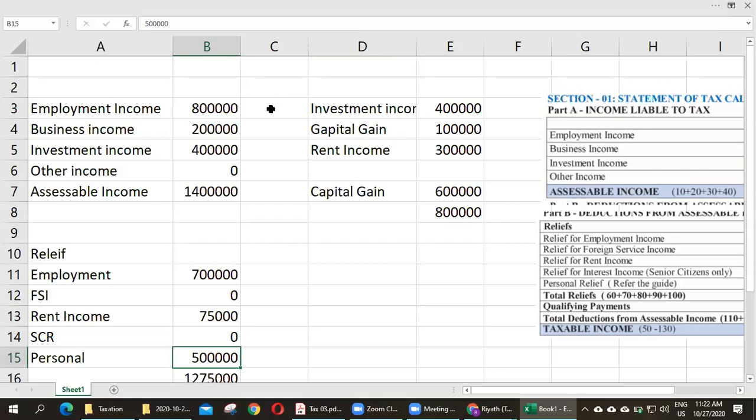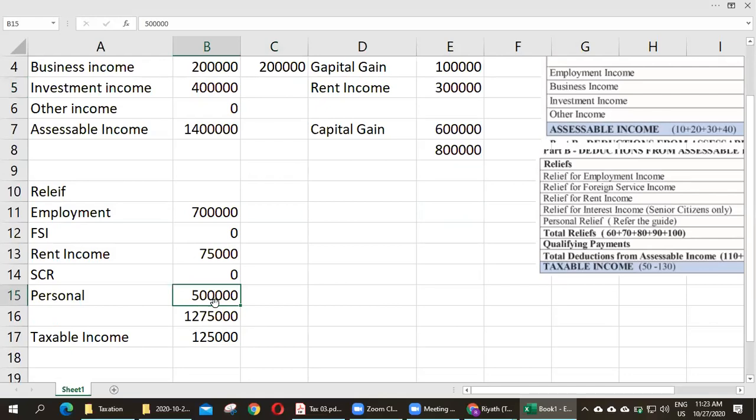Personal relief. So here we have already taken 700,000. It means balance 100,000 is available, and business income 200,000 available. Investment income, so we can't take capital gain, and rent income we already taken. Then how much do we have? Only 300,000.